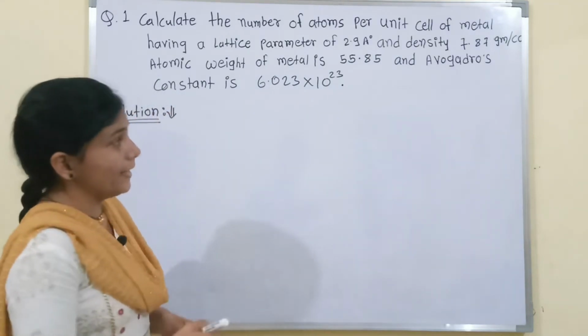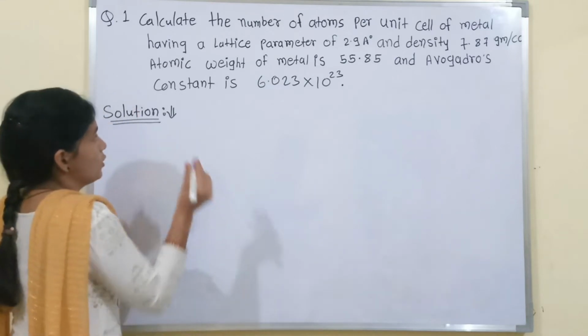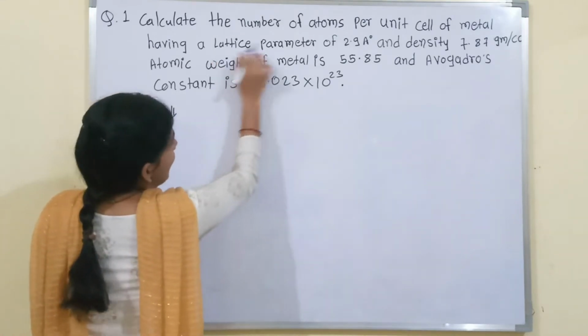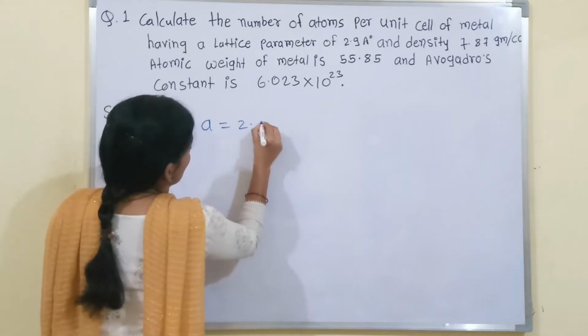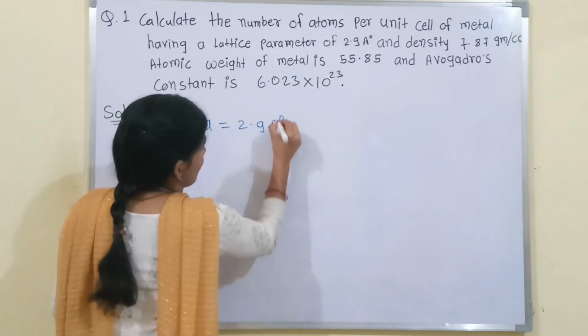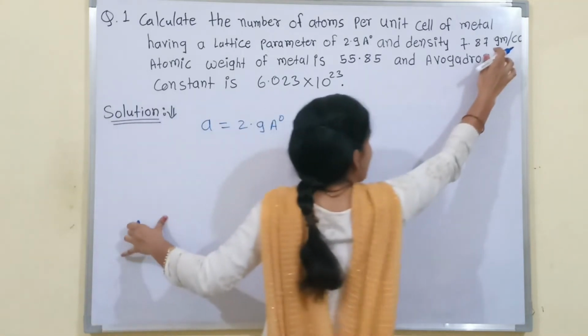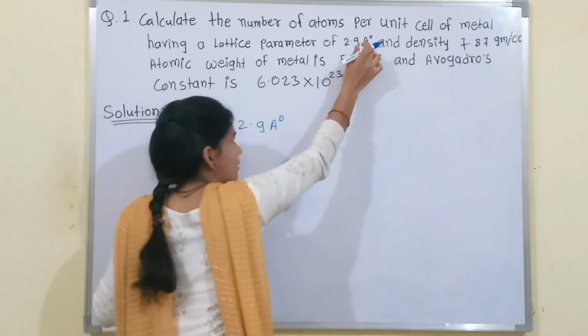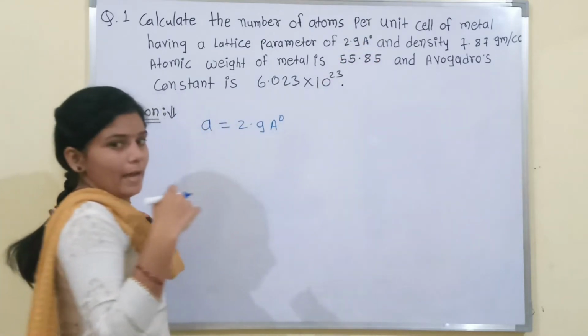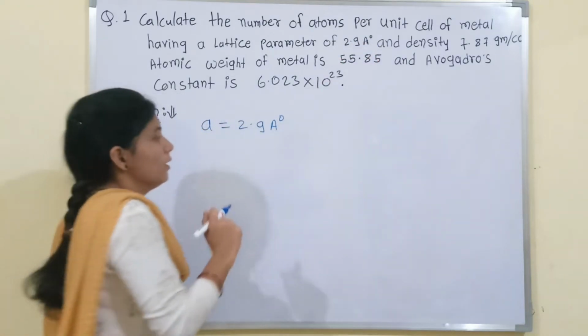First we will write the given data. Given is lattice parameter, that means a, that is equal to 2.9 angstrom. Here we have the unit gram per centimeter cube, so we should convert this unit from angstrom to centimeter.